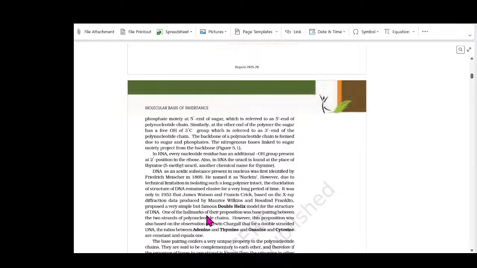One of the hallmarks of their proposition was base pairing between the two strands of polynucleotide chains. However, this proposition was also based on the observation of Erwin Chargaff that for a double-stranded DNA, the ratios between adenine and thymine and between guanine and cytosine are constant and always equal 1.